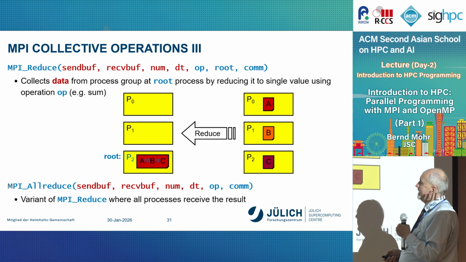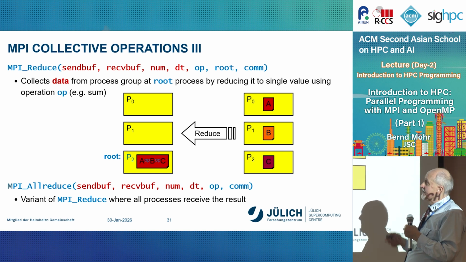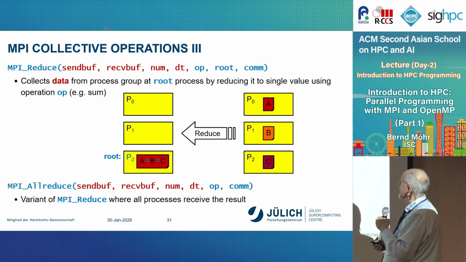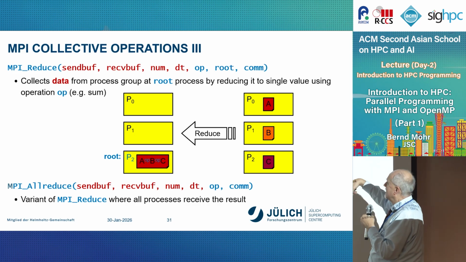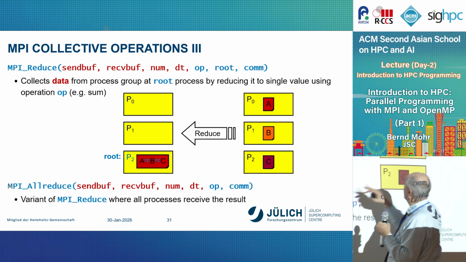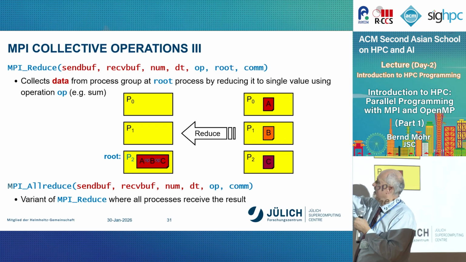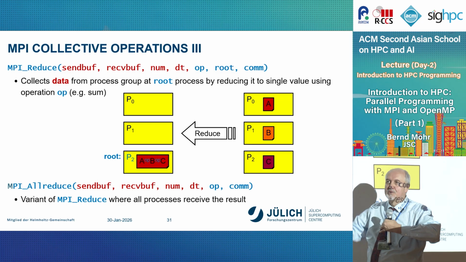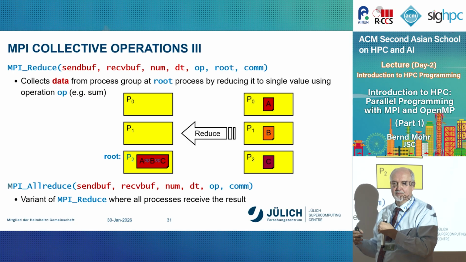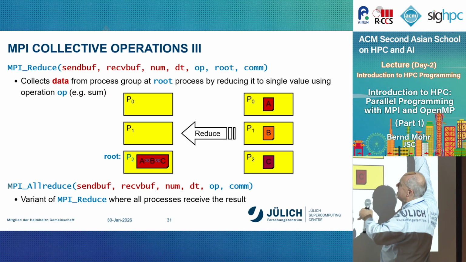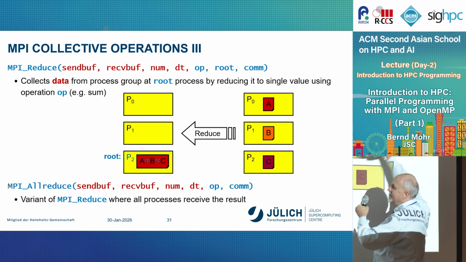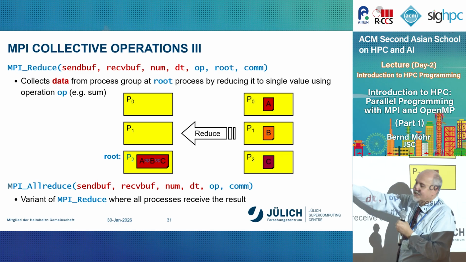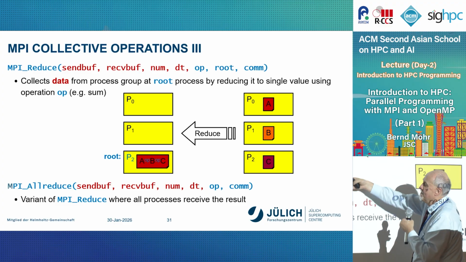Then there's another one which is very useful: reduce. It's like gather, but instead of getting a vector of all these values, you get the sum, the product of everything, or the minimum. You say how to combine them, for example that I want the minimum of these values, and this one just gets the minimum, or the sum.